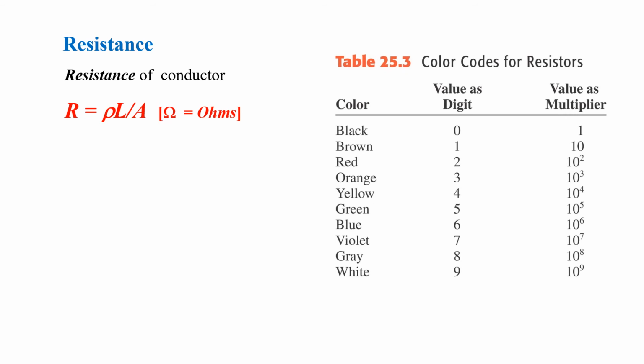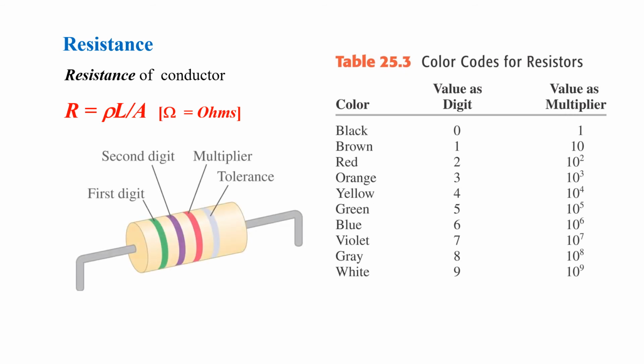In resistors, you will observe that they have the following color codes, and this is what the color codes for resistors represent. For example, this one has 4 color bands.